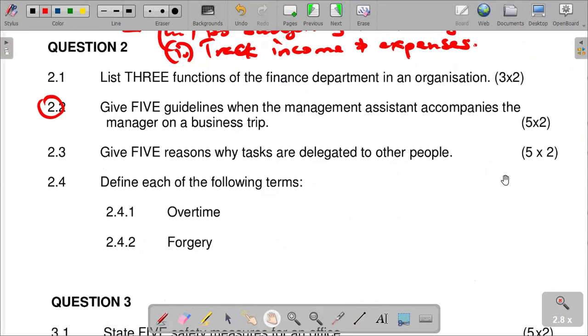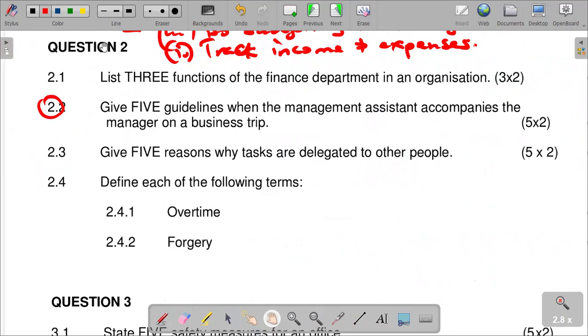The next question is saying, give 5 reasons why tasks are delegated to other people. Reasons for delegation. We have already talked about delegation, which is assigning duties and responsibilities to other people in order for work to be done easily.